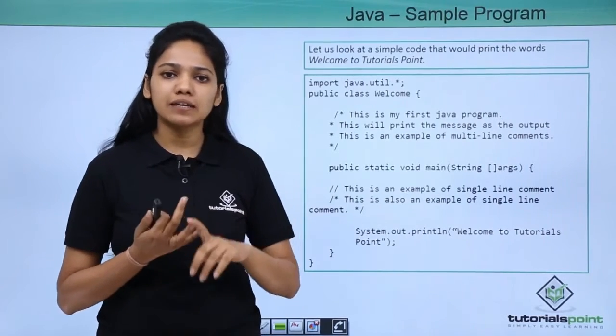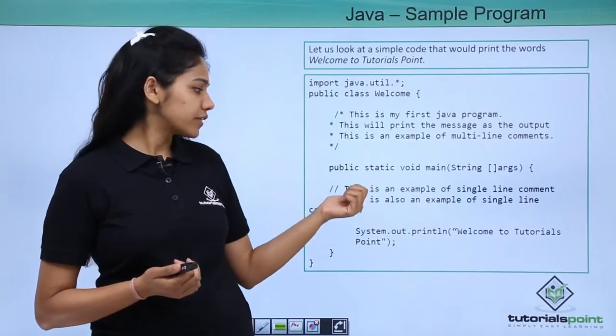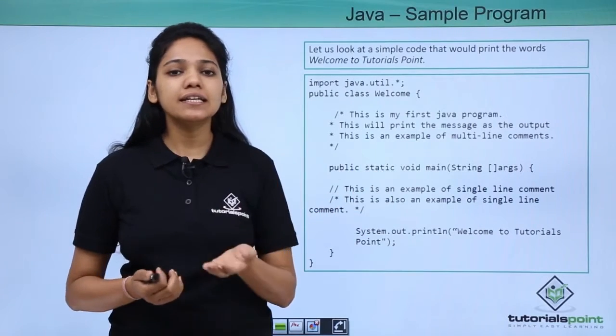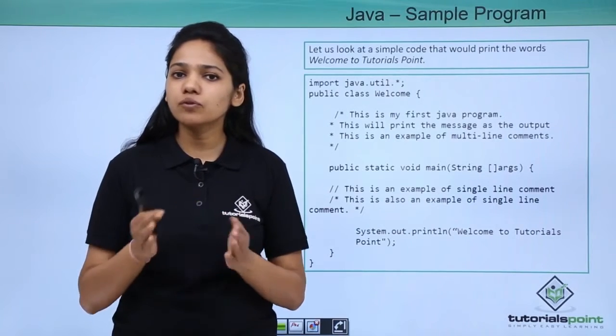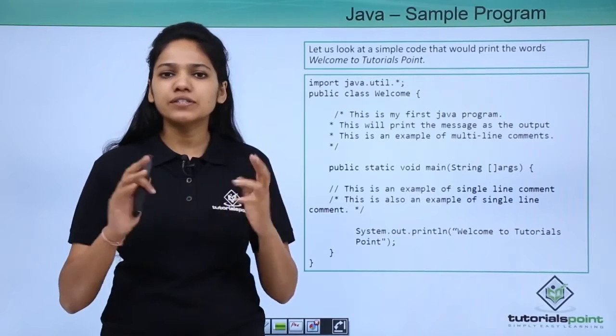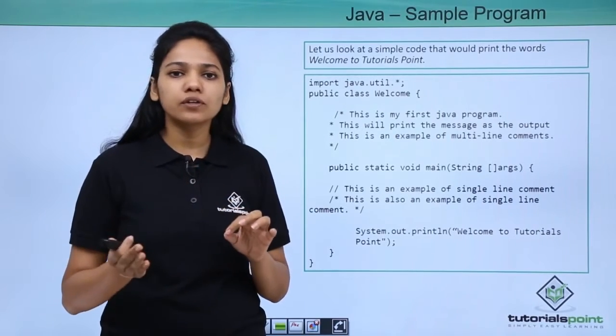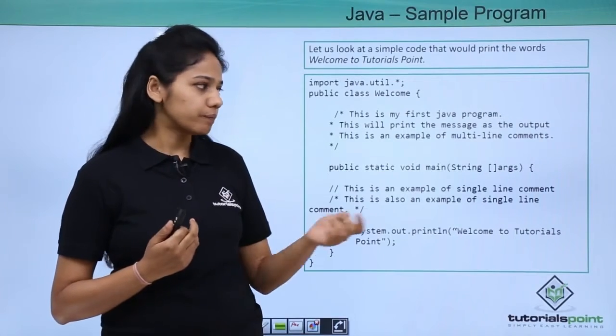What each of them does is, public we have already discussed, it's an access specifier. Then you have static. Static says that in this main method, you do not have to create an instance or an object of the class. An instance you may just consider as a copy of the class for now, and what static stands for we'll see in future.